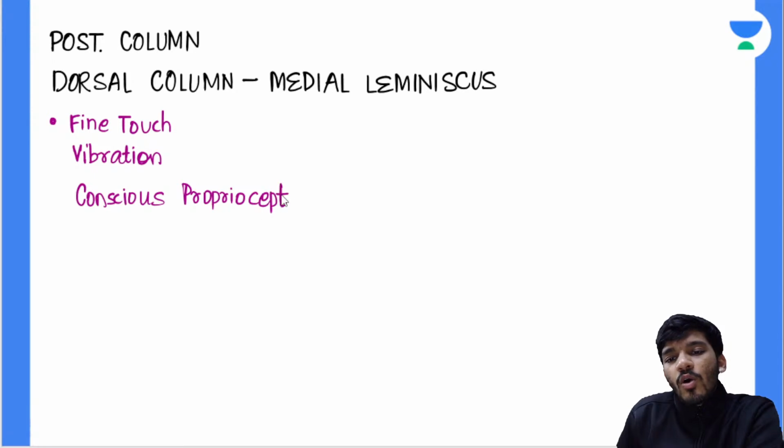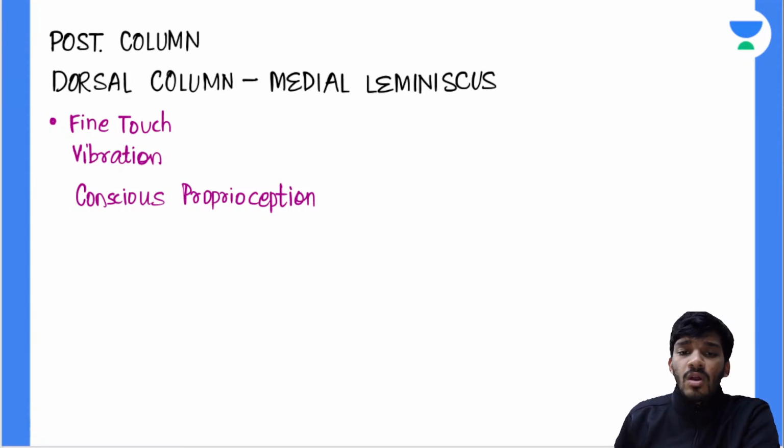Very important. The word conscious is very important. Conscious proprioception goes through the dorsal column pathway. Okay. So where does it receive input from? It receives its input from the Pacinian corpuscle, which is responsible for vibration, the joint receptors, the muscle spindles, and Golgi tendon organs, right?